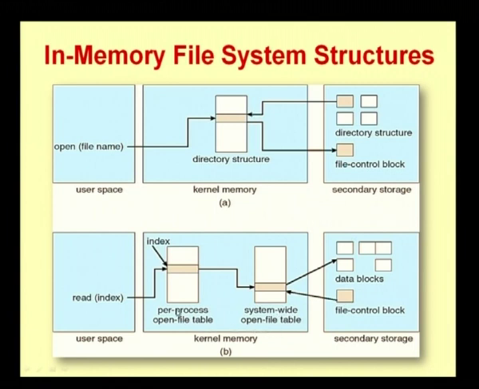In the per-process open file table, it will have only the index values, and that index value leads to the system-wide open file table, and from there it goes and checks the data block with the help of a file control block, takes all the information from the file control block and reverts to the system-wide file table. So this is how an in-memory file system structure looks like.